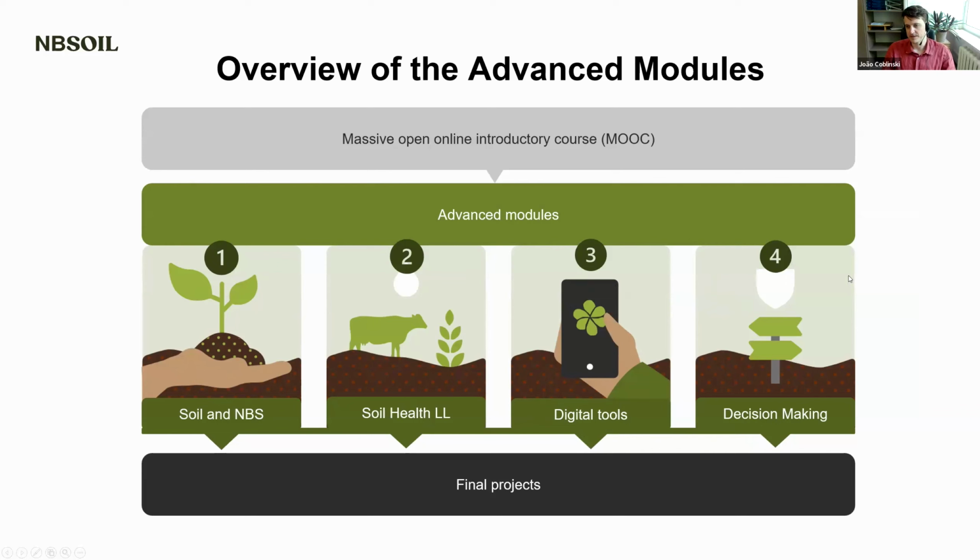And the last one, Module 4, covers improving soil-related decision-making in business and policy. And then we have the final projects, okay? Now in the SOIL Academy, we have full content available for Module 1, Module 2, sorry, the level 1 of Module 3, and now the level 1 of Module 4.